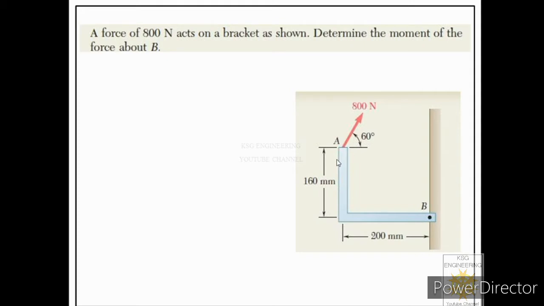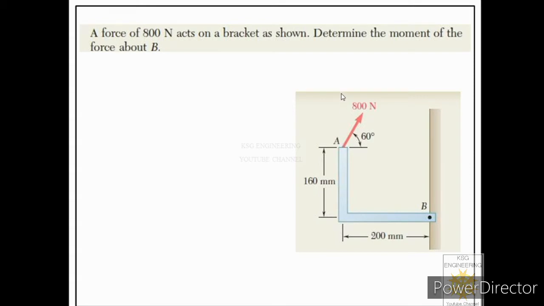So over here we will apply Varignon's theorem. What we will do, we will resolve this force into its components. From this starting end of the vector, we will draw one component along x direction and second component along y direction.